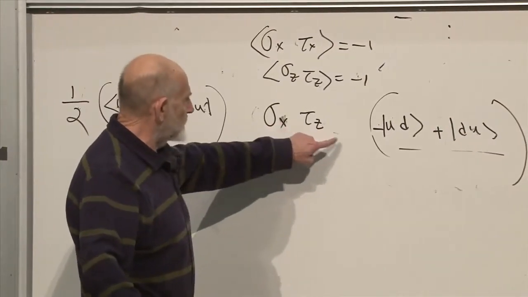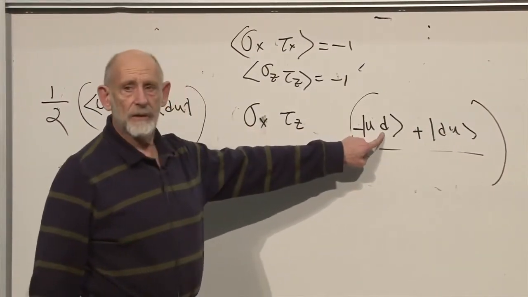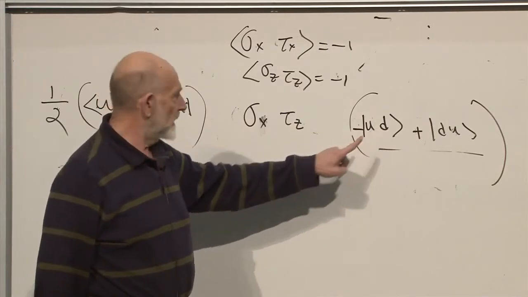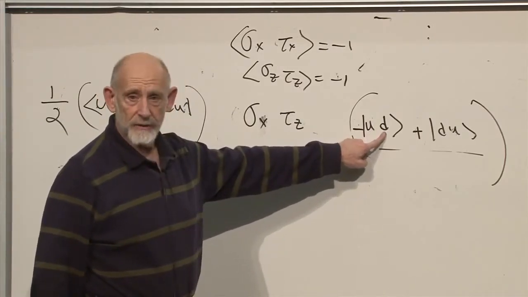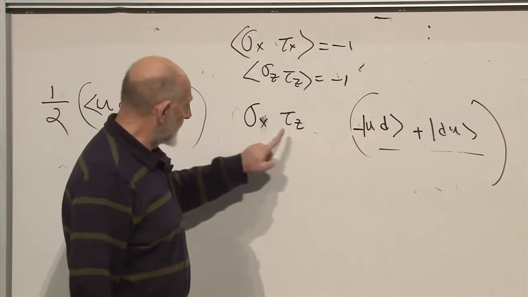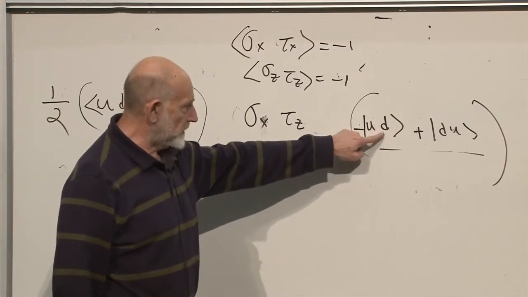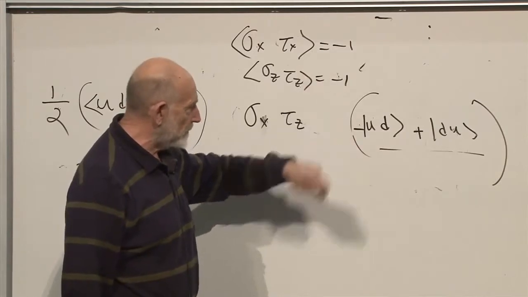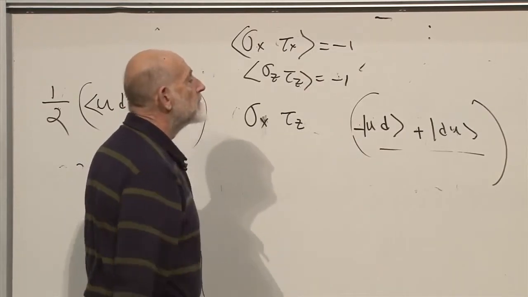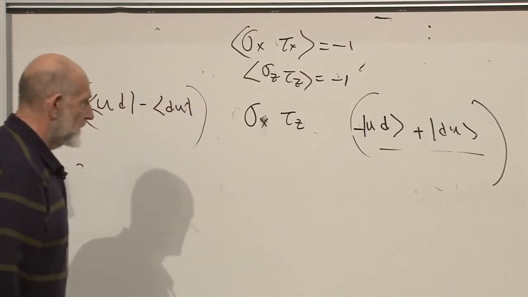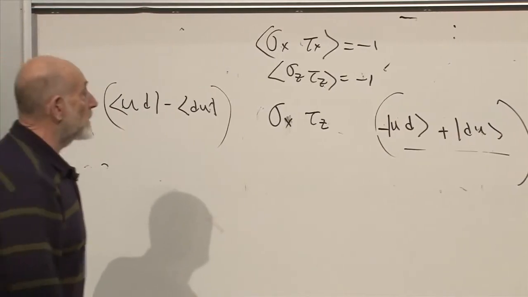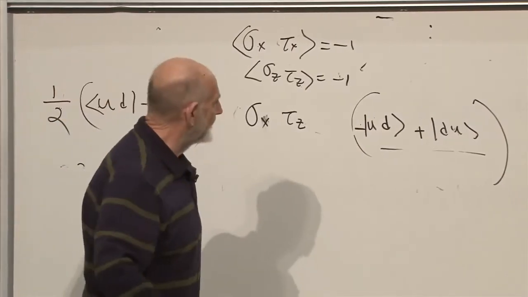What happens when tau z acts on this guy here? Tau z just changes the sign, right? If it's down, you get -1. If it's up, you get +1. Oh, I flipped them around. Yes, you're right. Good.